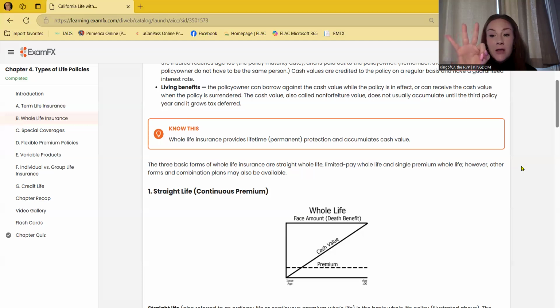Okay, it's going to keep the first 3 years of our cash value. And it is going to grow tax deferred, which is kind of a benefit. Everything's great tax deferred. That means we're not going to pay taxes until later. The taxes are deferred. They are pushed out. They are postponed. Okay. Whole life insurance provides lifetime permanent protection, guys.